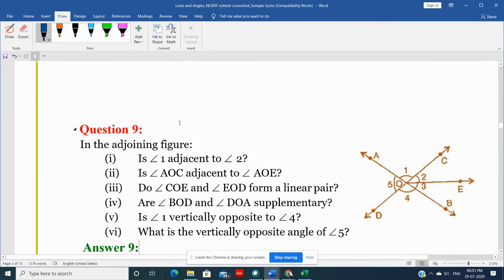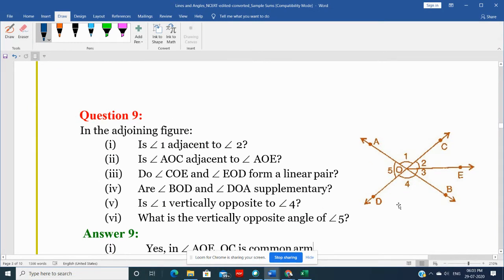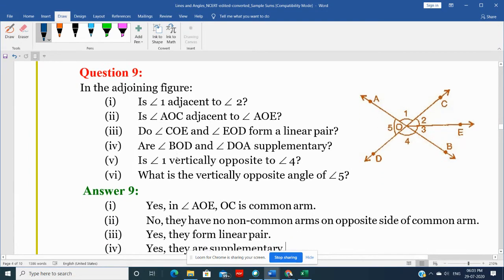In this question, they have given one figure and they have asked certain questions. We have already discussed these concepts in our earlier videos, so I'll just quickly explain. In the adjoining figure, are angle 1 and angle 2 adjacent?